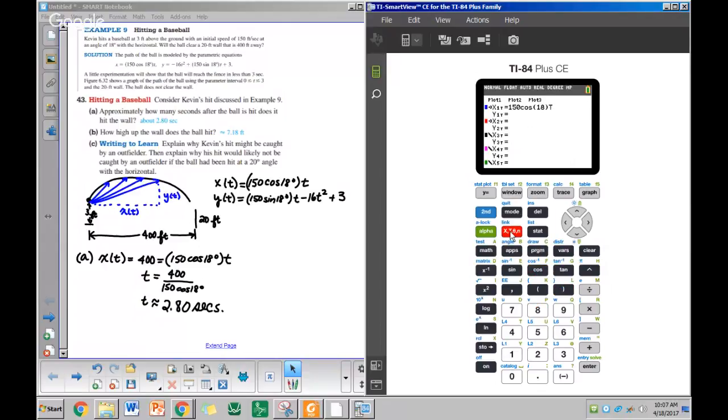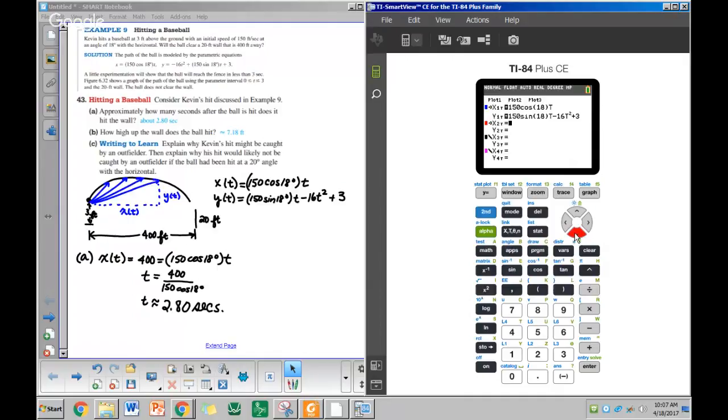Now you notice the t is on the outside of the parentheses here. I'm just going to double check my mode. I am in degree mode, so make sure you're in degree mode. And then I'm going to go down here and write the y parametrics, which is going to be 150 times the sine of 18 degrees times t minus the 16t squared. Plus 3, because I'm 3 off the ground.